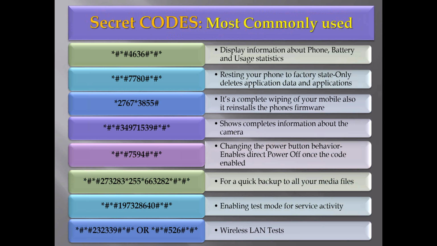So just in case someday you will need to check something on your phone, I want you to remember the secret codes, like for example, you can very easily, without going to the settings and looking for it on your phone. And actually, there are some settings you cannot find if you're not using the secret codes. Like right here you can display information about phone, battery, and user statistics, all in the same menu.